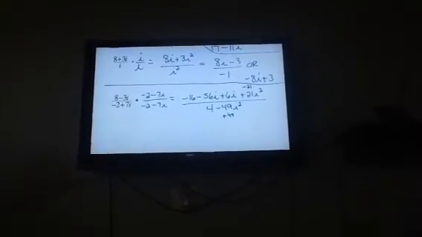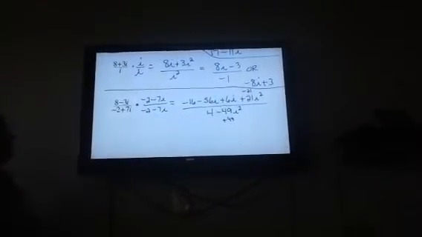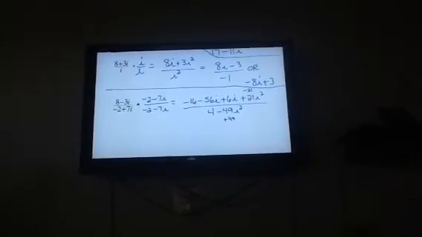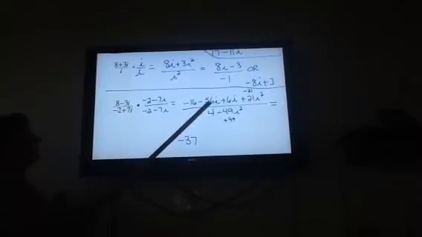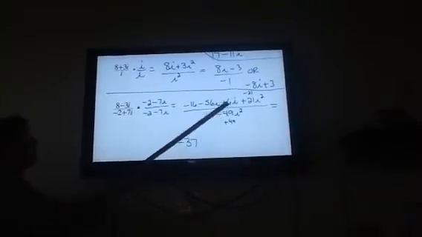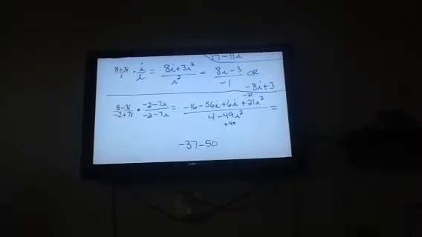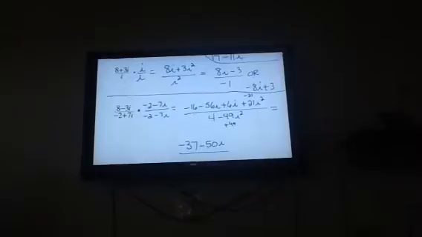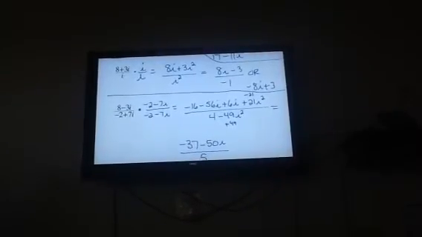So in the numerator, I have a negative 16 and a negative 21, so I have negative 37, minus 56i, positive 6i, negative 50i. And in my denominator, 4 plus 49 is 53.